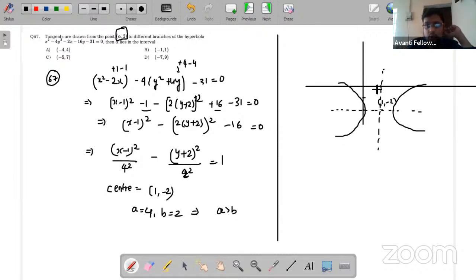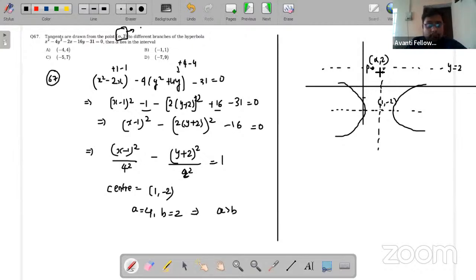So alpha comma 2 means here you can see this y coordinate is fixed, which is 2. So I can think of it as a point lying on y is equal to 2. So y is equal to 2 means somewhat here. On this line, there is a point alpha comma 2. So let's say I am drawing it here, assuming this is point P whose coordinate is alpha comma 2.